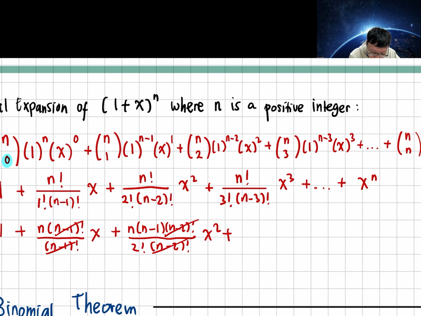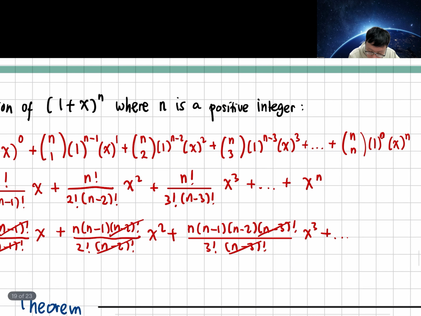You have x squared, plus, once again, you expand n factorial until you get n minus 3 factorial, and you can later cross the n minus 3 factorial out. And you have x cubed until you reach x^n.